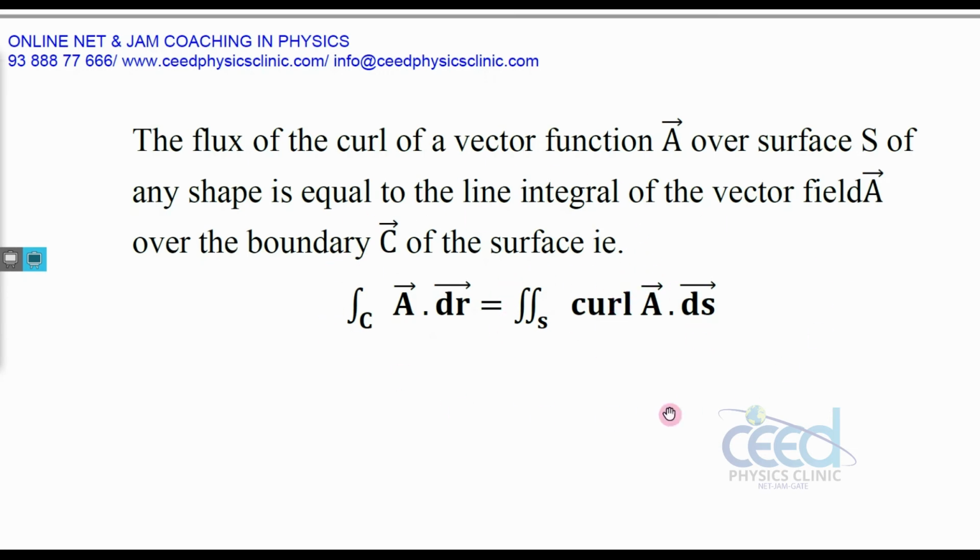This is the mathematical expression of the Stokes theorem, and then let us go to the proof.